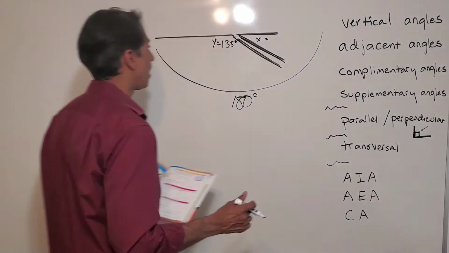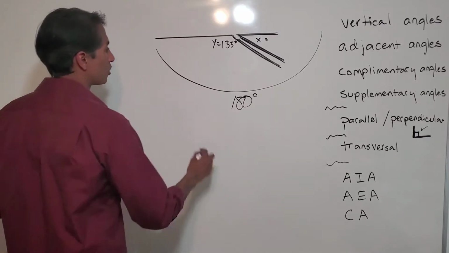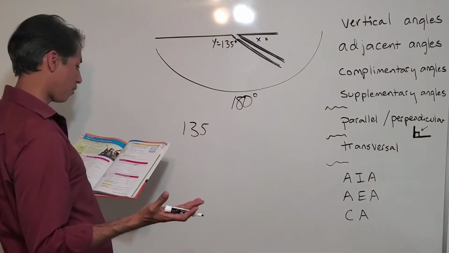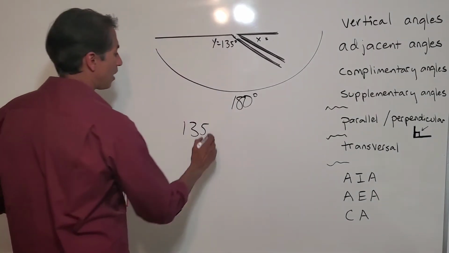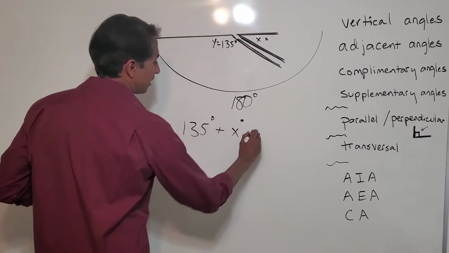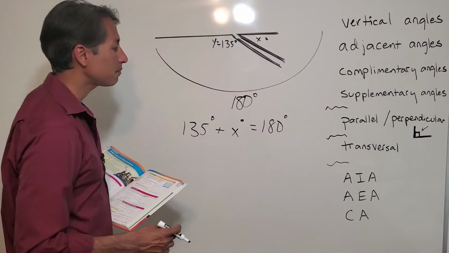Okay, so I know that I have a situation here. They write it out kind of long, so I'm just going to shorten that. I'm going to say 135, and if you wanted to, you could write degrees as well. So 135 degrees plus x degrees equals 180 degrees.